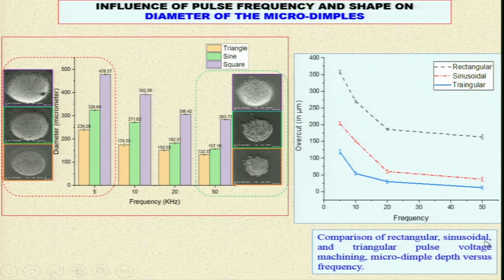So, comparison of rectangular, sinusoidal and triangular pulse voltage machining, micro dimple depth versus frequency. This is the frequency, this is the overcut, not the depth.